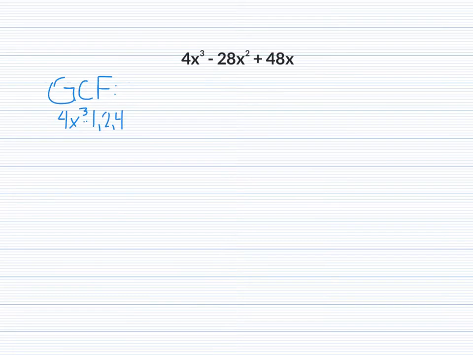Yes. Does it go into 28? Yes. So 4 is our biggest factor, our GCF. Then do they share any variables? Well, they all have an x, so I can take out 4x. When I divide by 4x, I'm left with x squared minus 7x plus 12.